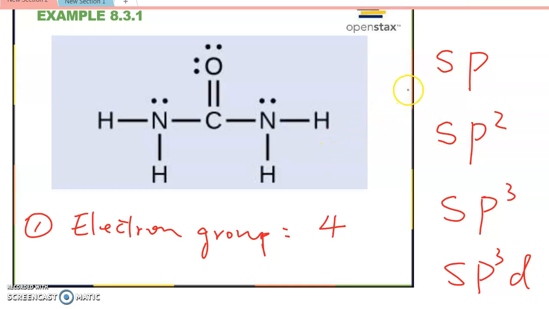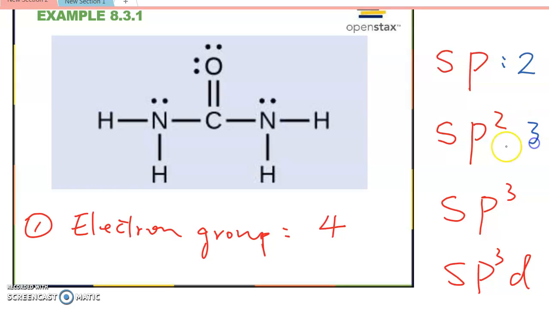Now let's see how we can determine what hybridization that is. The total number of electron groups, 4 groups, will be equal to the sum of the superscripts over here. For example, for sp, how many electron groups or branches should there be? We should expect 2 electron groups.